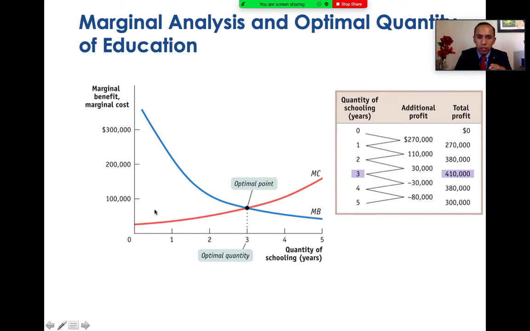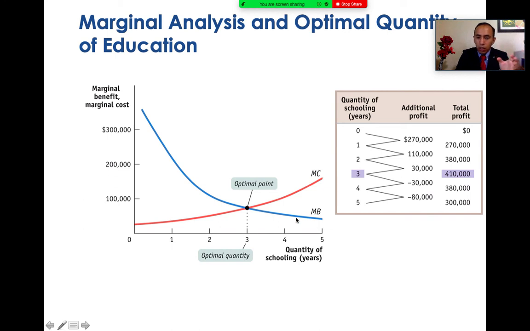Our first year has a marginal benefit equivalent to $270,000 in additional lifetime earnings. An additional second year of schooling provides a marginal benefit, here at the margin, of $110,000. That's the marginal benefit for that year. And the third year provides an additional benefit of $30,000.